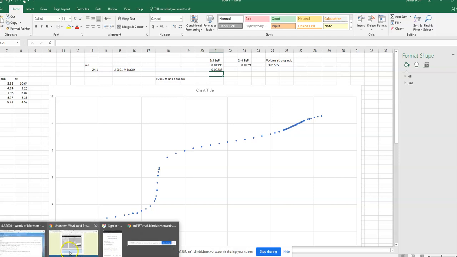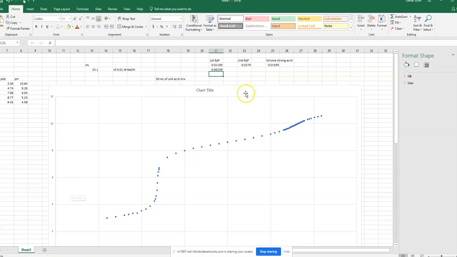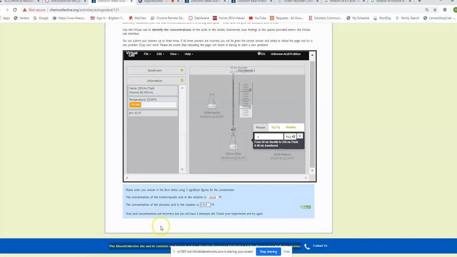I believe so. I think it was 238, but I think you just rounded up. Okay. So then 0.0319. They're wanting it rounded.